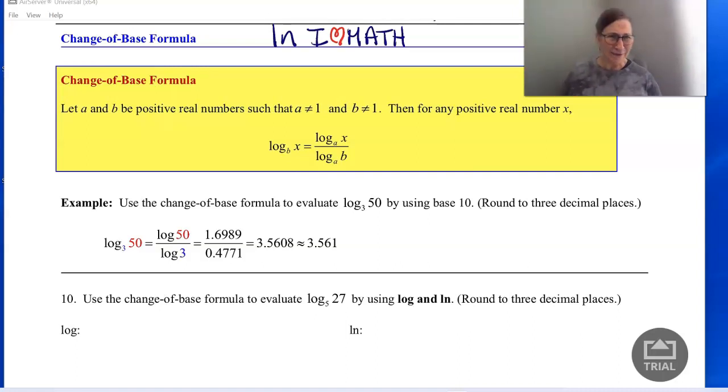So not every log is a base 10, nor is every log obviously a natural log. So how do we deal with logs that are not a base 10? Well, we set up a ratio, okay? And that's called change of base.